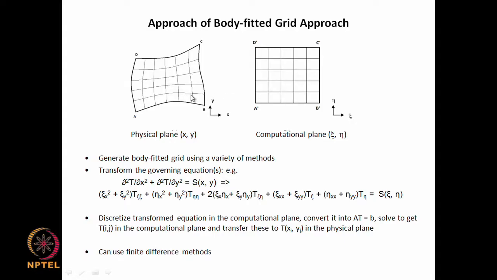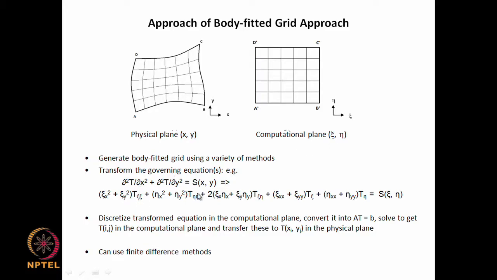but as we move from the physical plane into the computational plane, the equation gets transformed from derivatives with respect to x and y into derivatives with respect to psi and eta.